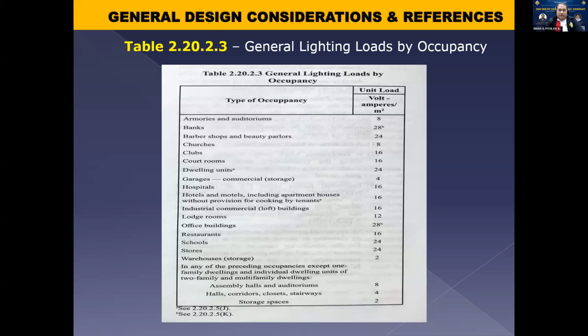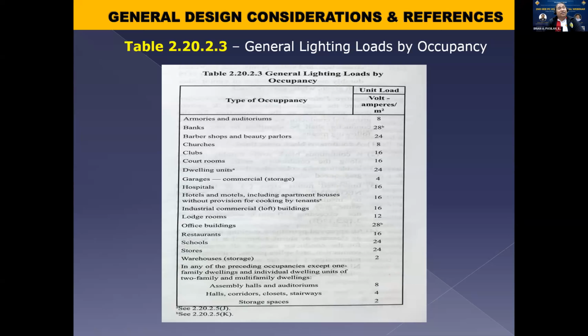So for example, dwelling units, this is the most common. So we have a unit load of 24 volt amperes per square meter. So basically, kung may bahay ka na, let's just say 100 square meters, times 24 volt amperes per square meter, so that's 2.4 kVA na.